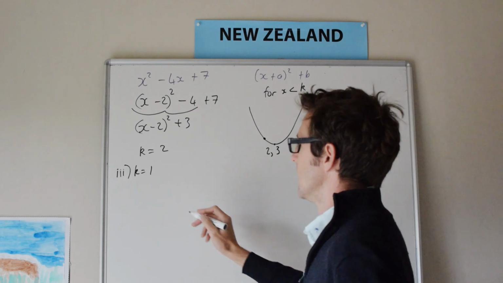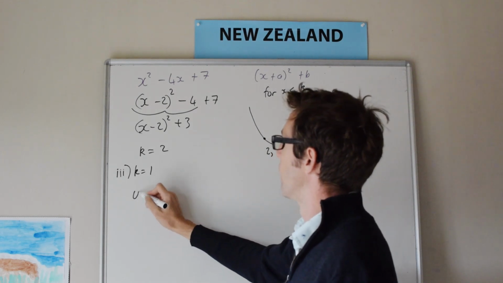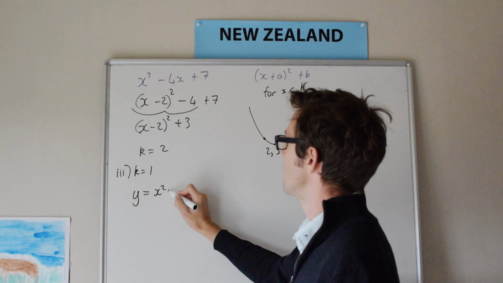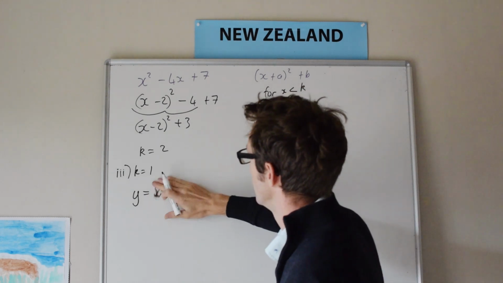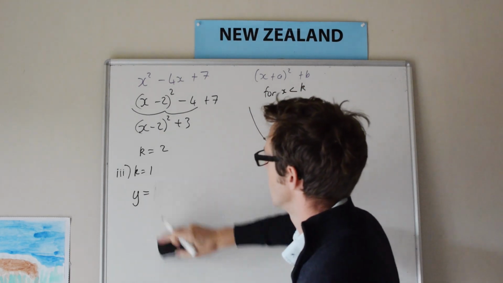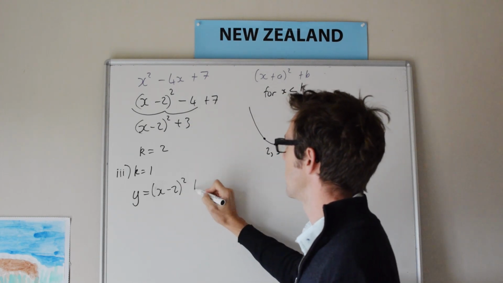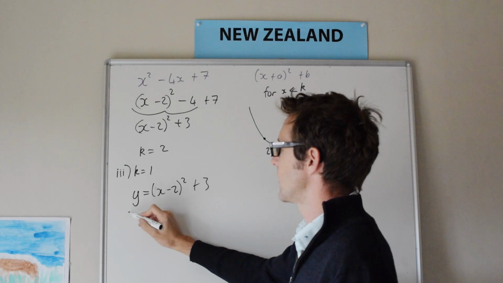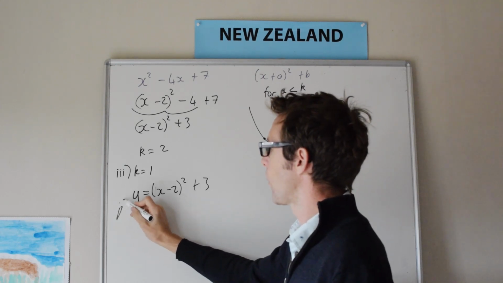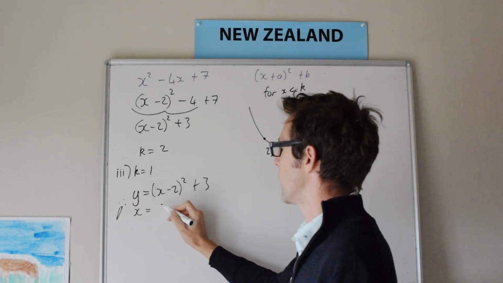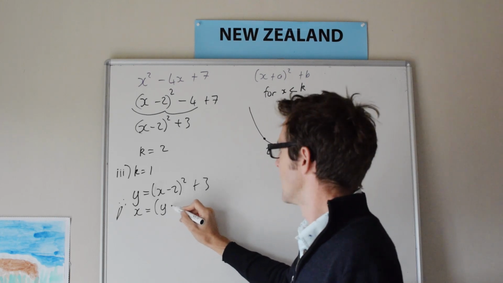So we will use the work that we did in part 1, of course. We'll use this, y equals x minus 2 all squared plus 3. Then we do our magic wand, swap our x and y's, because that's what an inverse is doing.